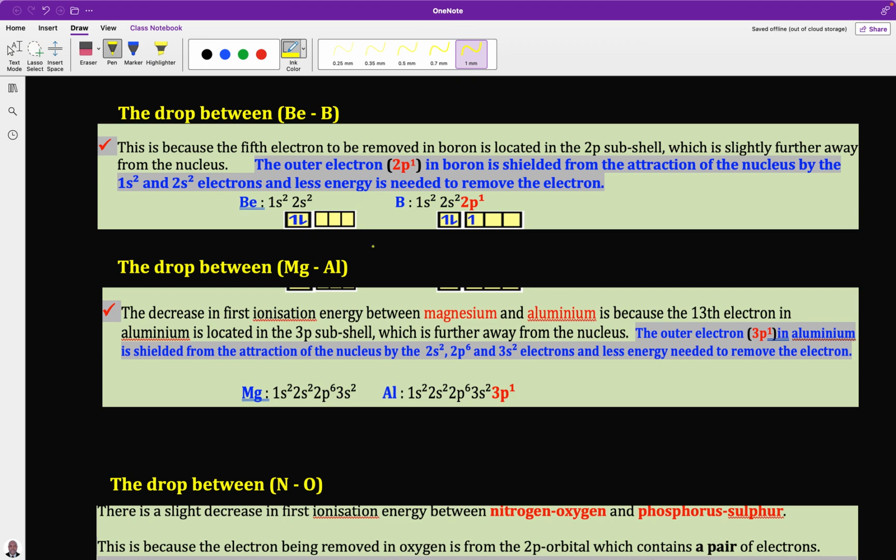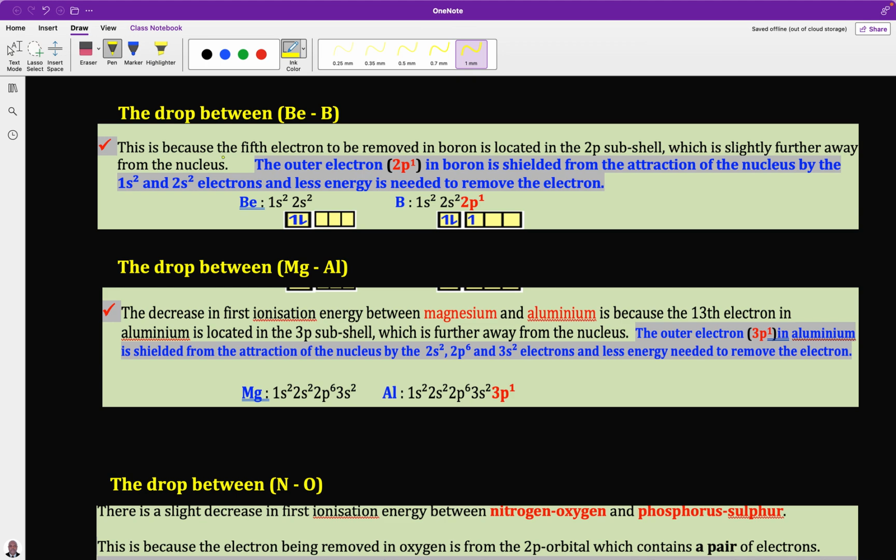Beryllium has 4 electrons, it is full. Boron has 5 electrons. The other 4 are full, but the fifth electron in boron comes from where? The fifth electron to be removed in boron is located in the 2p subshell, which is slightly further away from the nucleus.